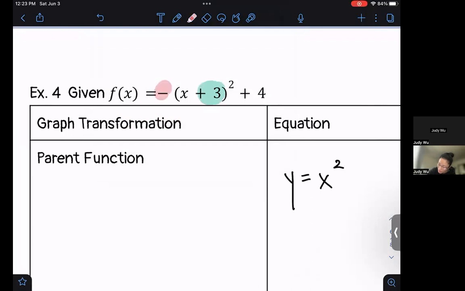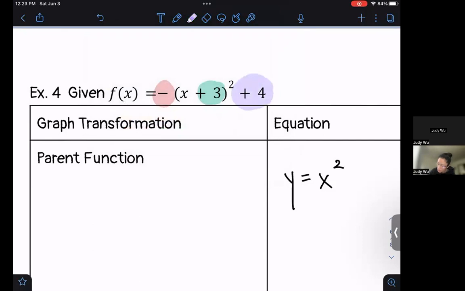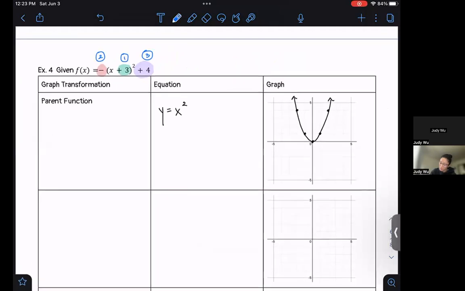And that's really a -1 for the A. And then last but not least, we're going to add 4. Okay? So we're going to think about this as the first thing we do, the second thing we do, the third thing we do.